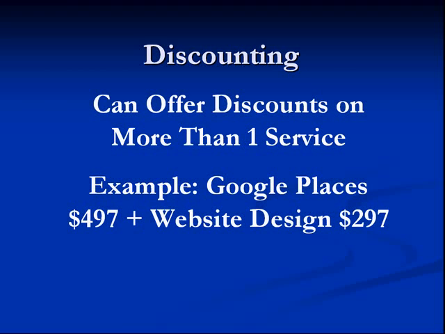Maybe you could say, normally we charge $497 for a website, but because you're taking the Google Places service, we will only charge you $297 for that. Then you could package it up, $497 plus $297, and the ongoing monthly would be $197 plus the $25 hosting, which obviously can't be avoided. So, hope that makes sense.